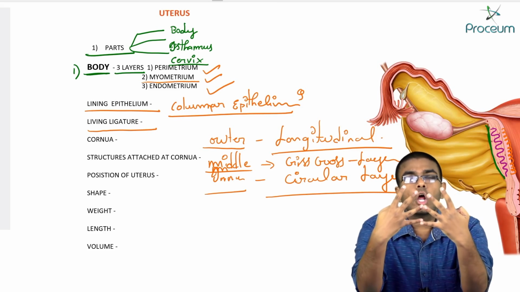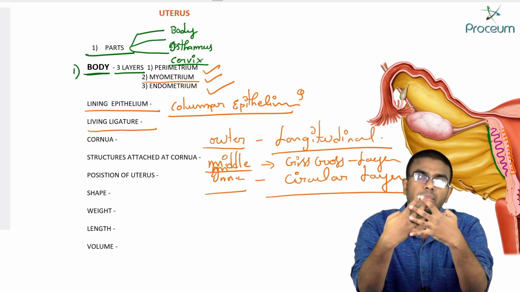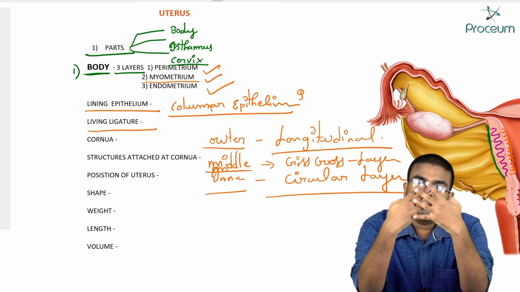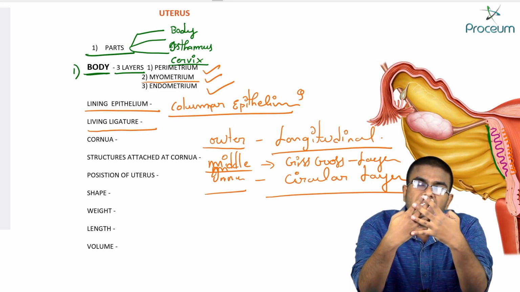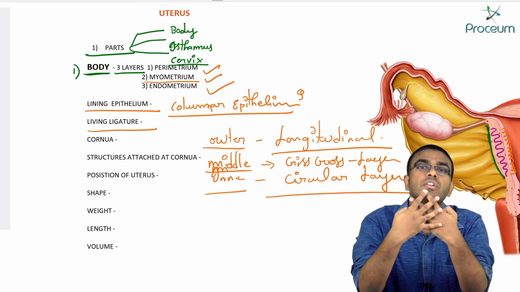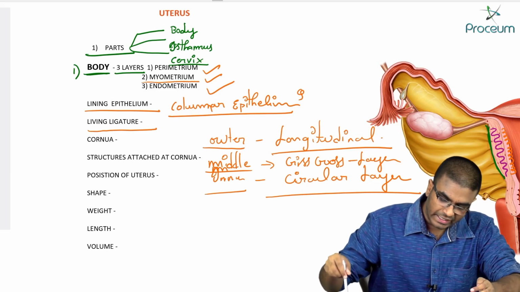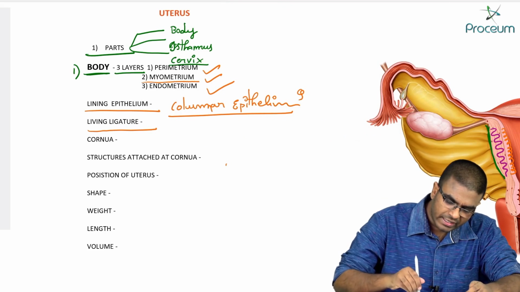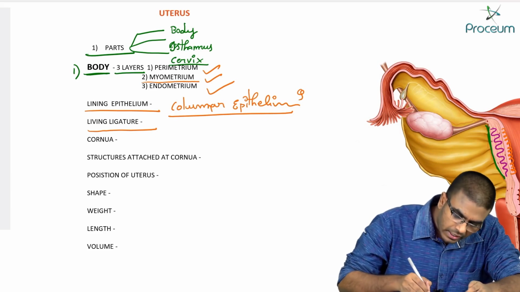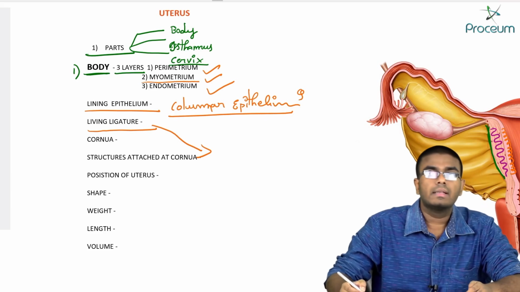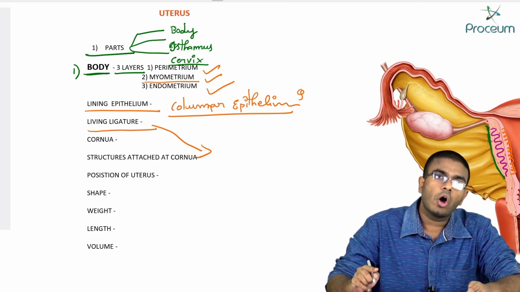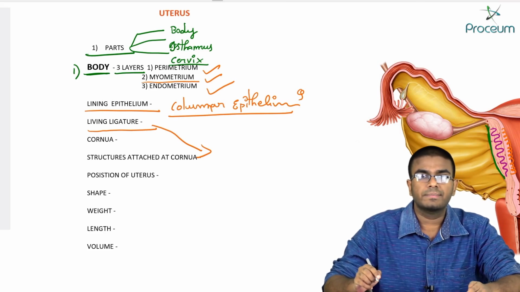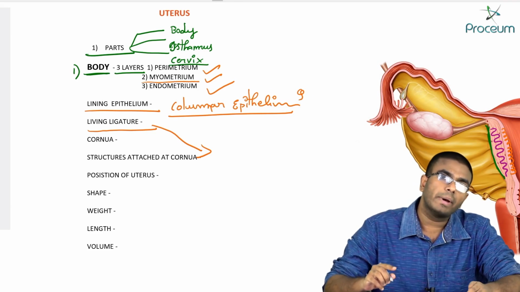This crisscrossing muscle fiber layer is known as the living ligature. So what exactly is a living ligature, guys? Living ligature is the middle interlacing or crisscross fibers in the uterine myometrium.